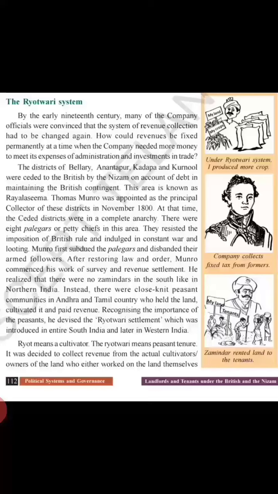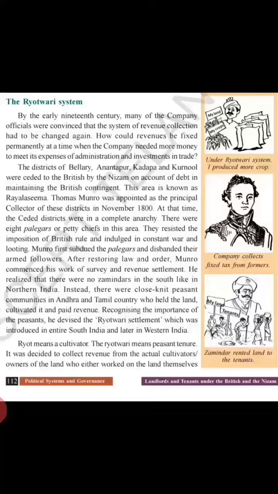But as per the permanent settlement, a fixed amount of money was paid by the peasants to the zamindars and by the zamindars to the British government. So the company officials were not benefiting. So in the early 19th century, the company wanted to change the system of revenue collection again. So they wanted to start this Ryotwari system.